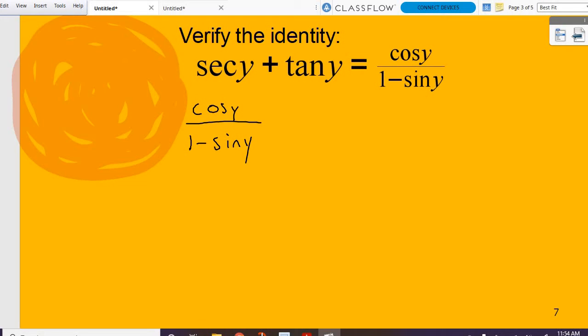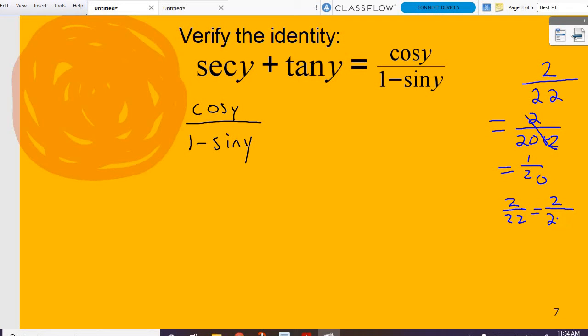Let's think about if I had 2 divided by 2 plus 2, and I rewrote this as, could I say that that's 1 over 2 plus 0? No. Remember that we can only reduce things when they're a factor.